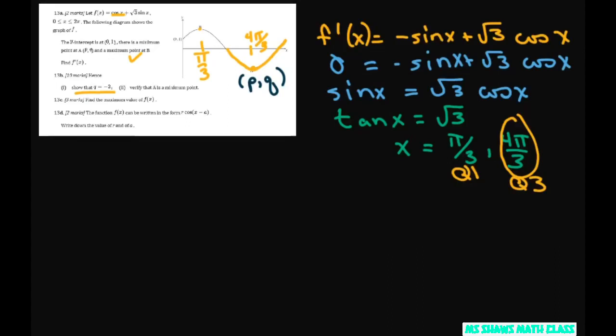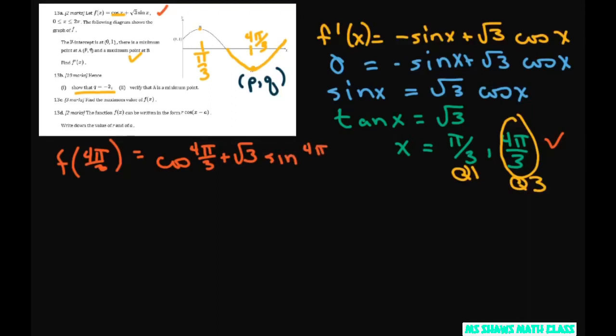All right, so now we have to show that Q equals -2. So we're going to plug this number back into our original function. So f of 4 pi divided by 3 equals cosine 4 pi divided by 3 plus square root of 3 sine of 4 pi divided by 3. You can put parentheses if you want.